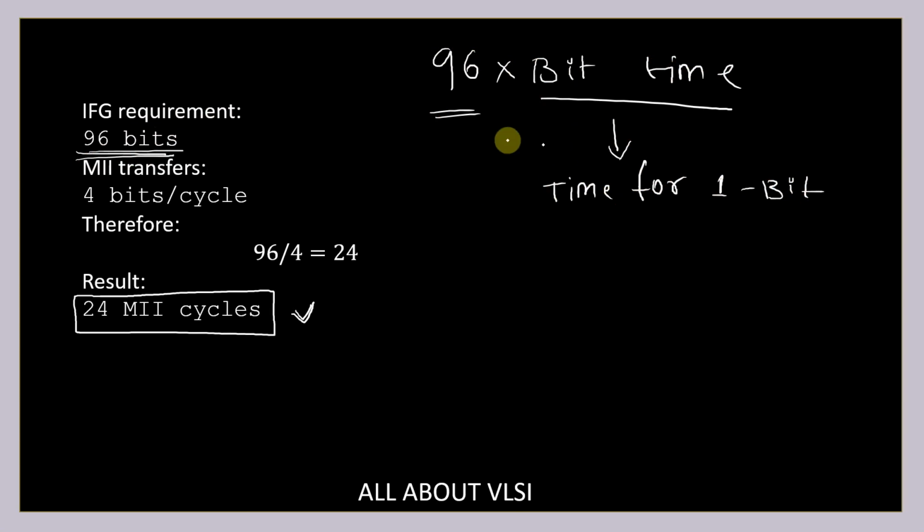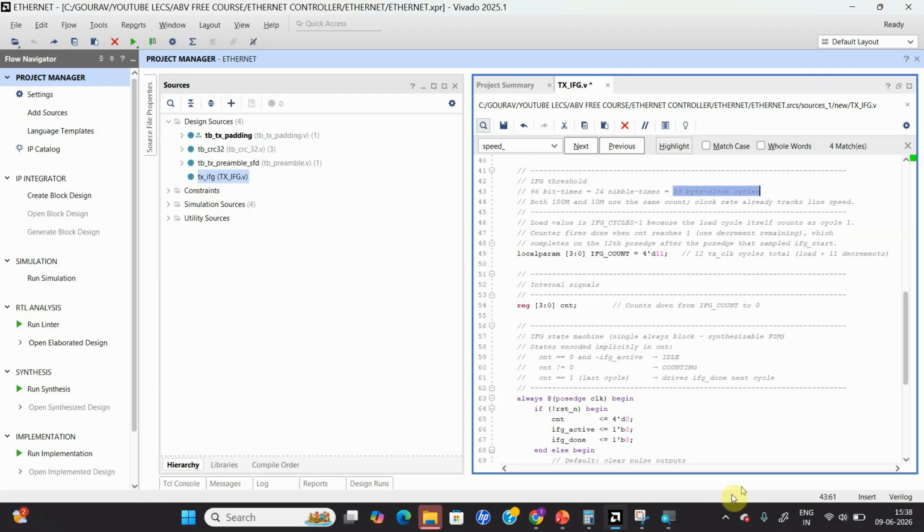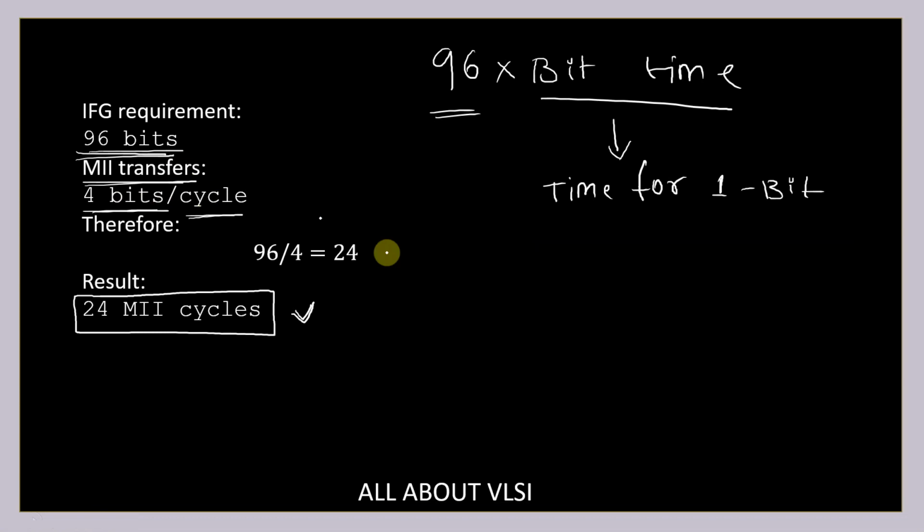But if you have carefully observed, in the case of my MII transfer, we have already discussed that for one cycle, we are going to send 4 bits of data. So that is the reason for the time required for sending 4 bits of data. In the case of my MII, I'm not going to send 1 bit per cycle. I'm going to send 4 bits per cycle.